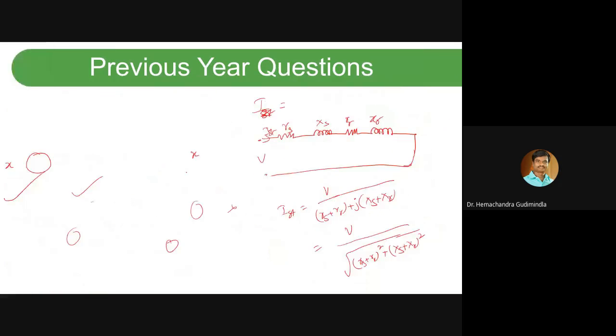Now the rotor frequency is very important. f dash equal to slip times f when the system is fed under balanced supply. If it is unbalanced supply, f dash equal to 2 minus s into the supply frequency.